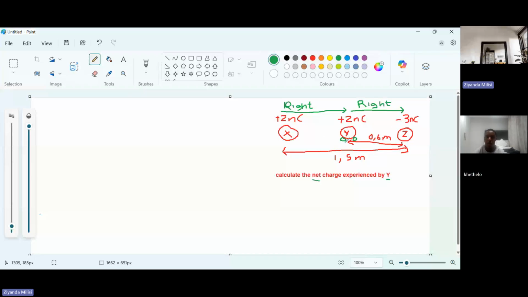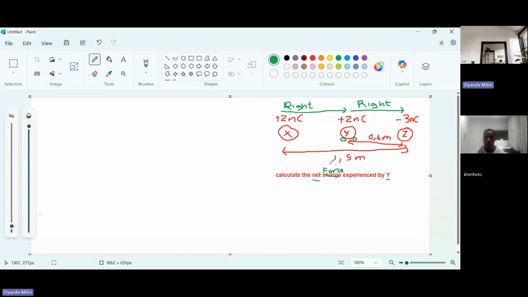You put wheels on the charge that is experiencing the net force. It's not net charge here, it's net force. Calculate the net force. The charge that experiences the net force, immediately put wheels on it.